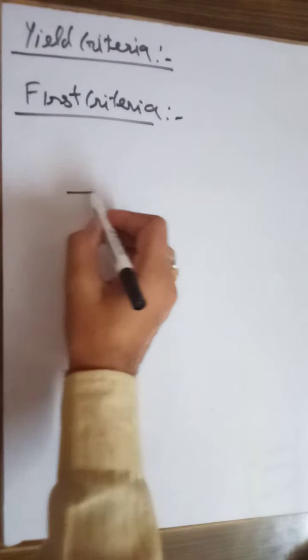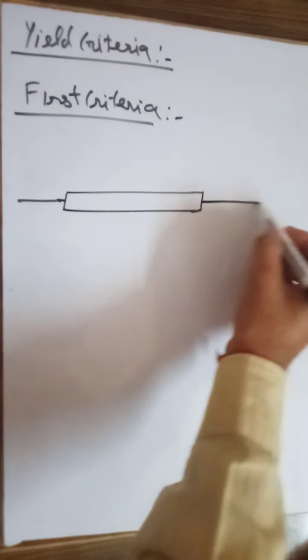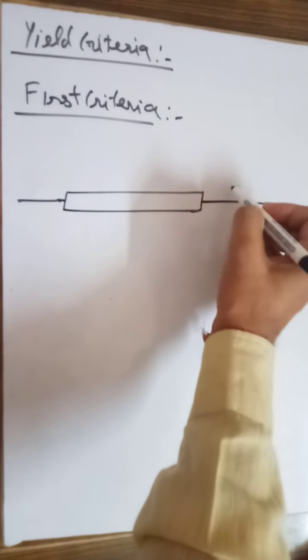it assumes that yielding can occur in a three-dimensional state of stress, when the root mean square of the differences between the principal stresses reaches the same value as it has in the tensile test. So, when yielding occurs in the tensile test, let us consider a beam, and the tensile stress sigma x is applied here.